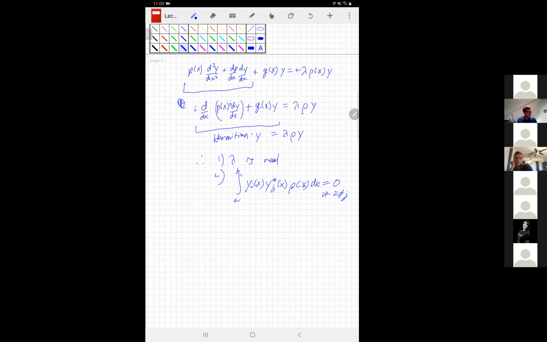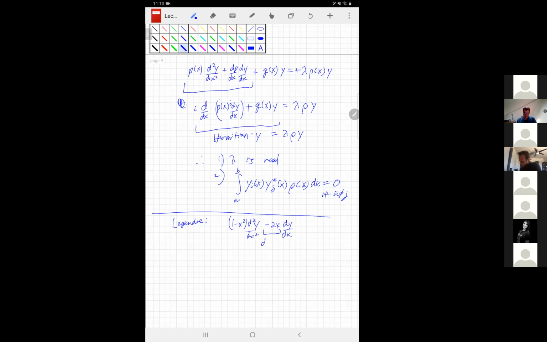Let's play with a few of these functions in the last 6 minutes. Legendre. The Legendre equation was 1 minus x squared d squared y dx squared minus 2x dy dx.